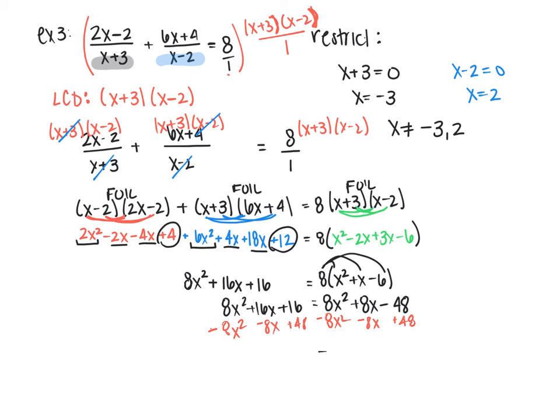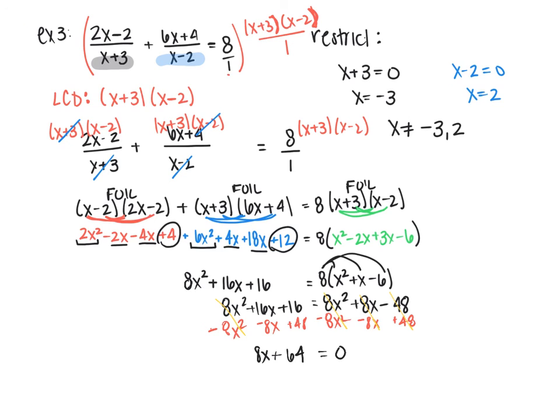So over here, I'm going to have 0 because all of these are going to cancel. And these will actually cancel. I'll be left with 8x plus 64. So I've got 8x plus 64 equals 0.